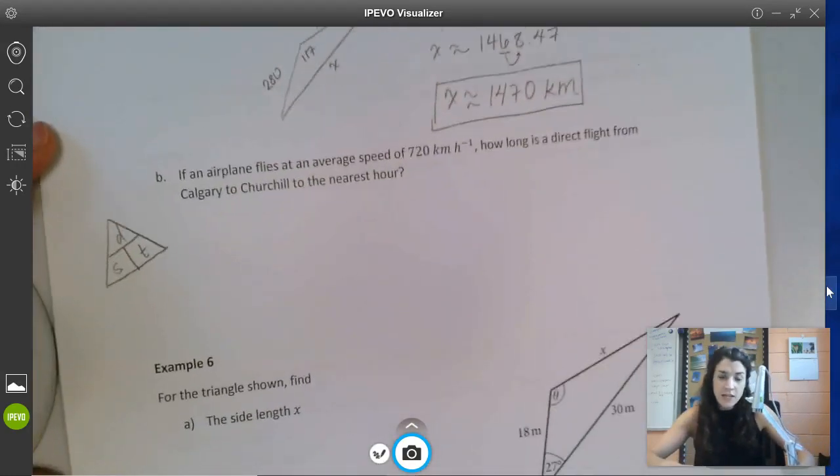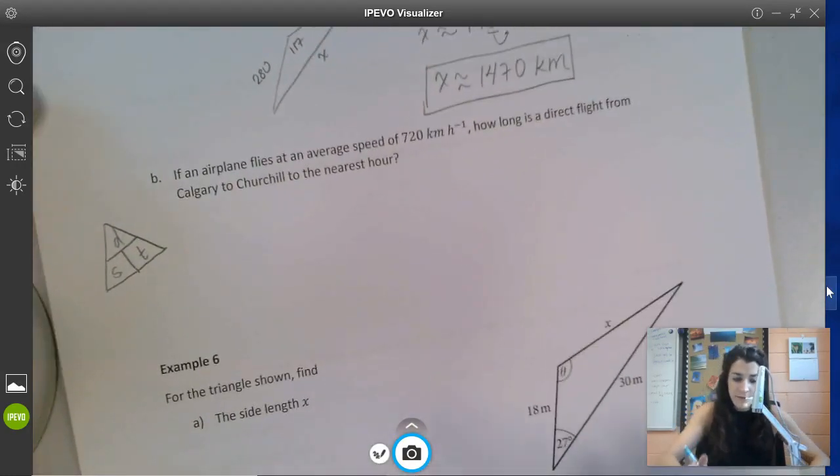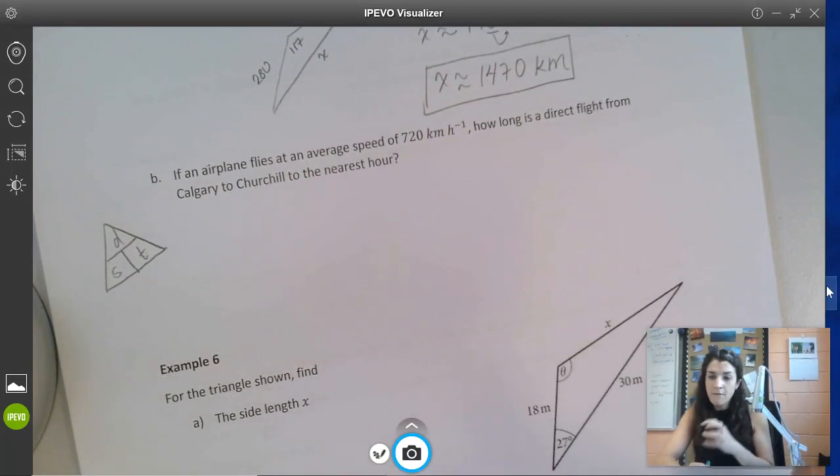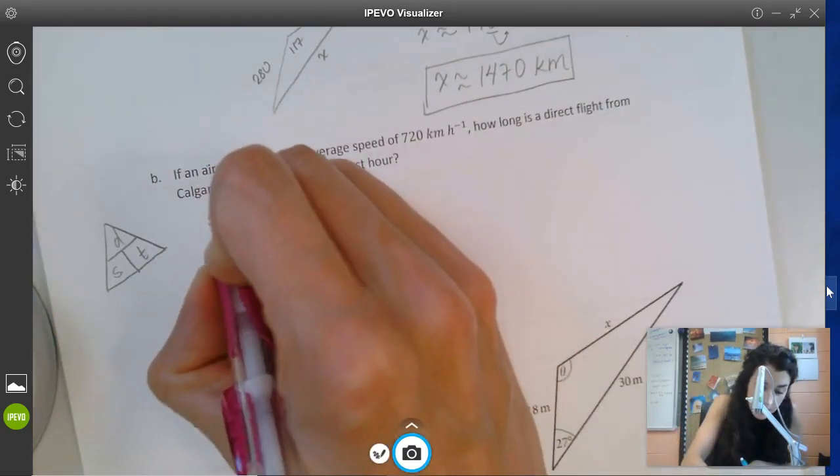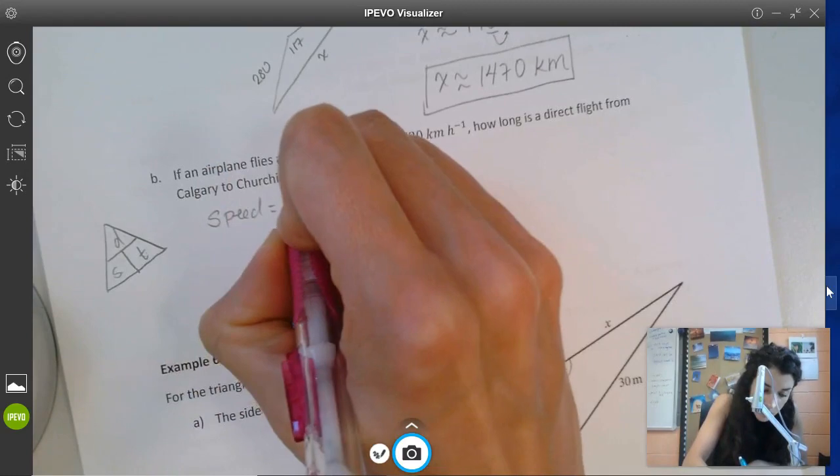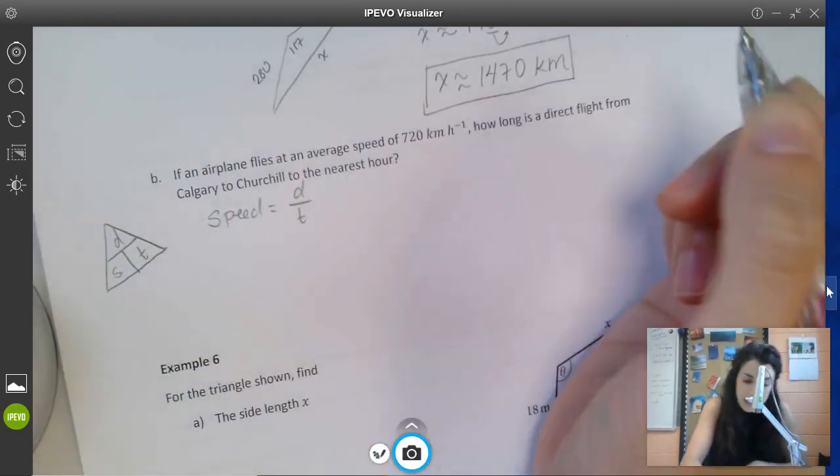I didn't learn to think of it in that way, so how I think of it is slightly different. I always base off of how I measure speed. And how I measure speed in my brain is miles per hour. But maybe you measure speed in kilometers per hour. But I think, oh, kilometers, distance, hour, time. So speed is always equal to distance over time.